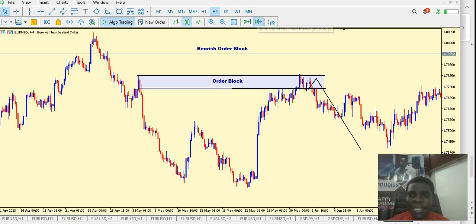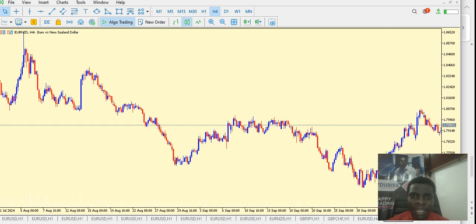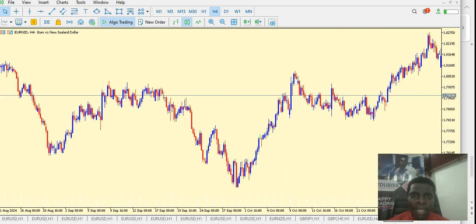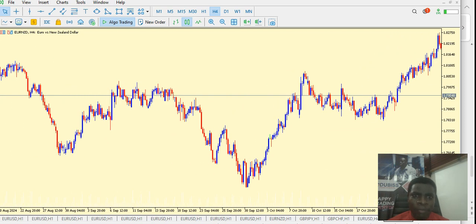Let me show you something finally. On this particular pair, EURNZD, if we go back a little, I can point to you where we have those order blocks.